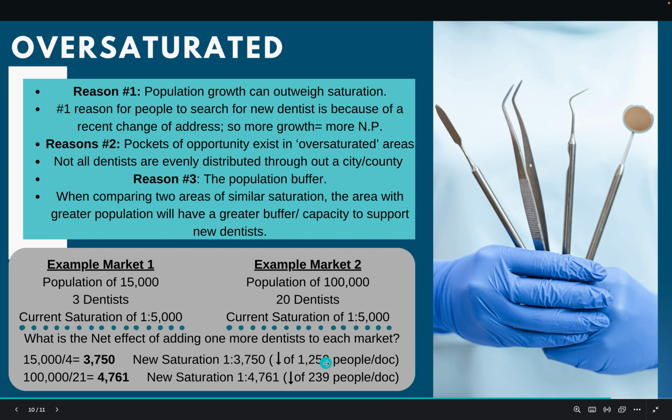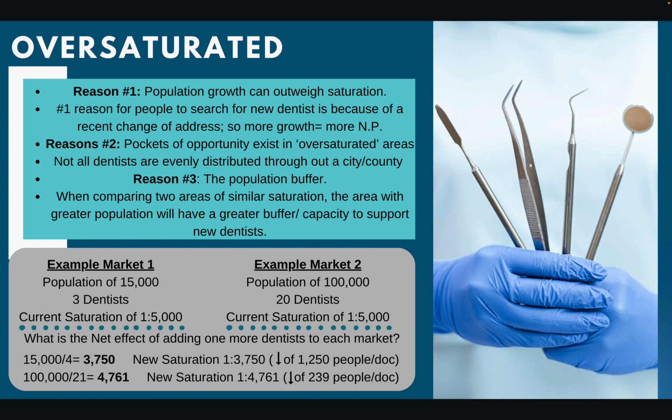If you look, that's a drop for the small town group. That's a drop in people per doctor of 1,250 people exactly, whereas in the bigger city, you see only a drop of about 239 people. So the bigger your population is, the more you can buffer and deal with new competition coming in, especially if that population is seeing growth as well.